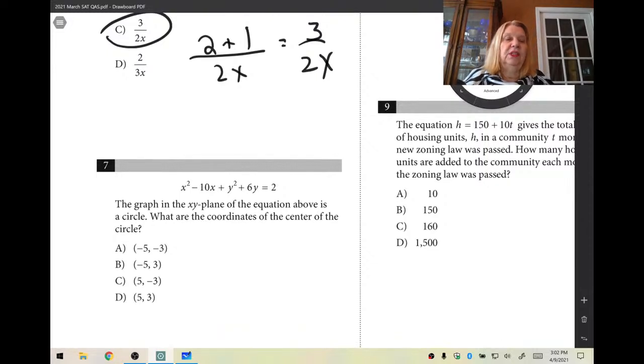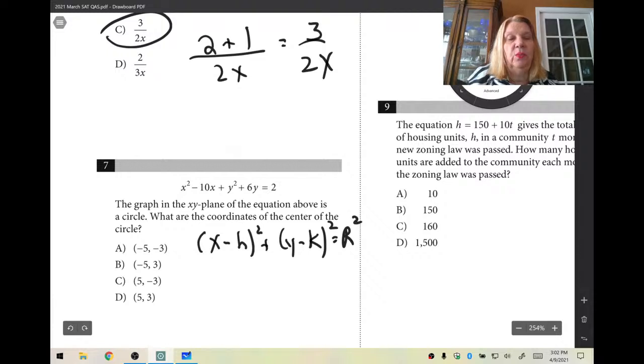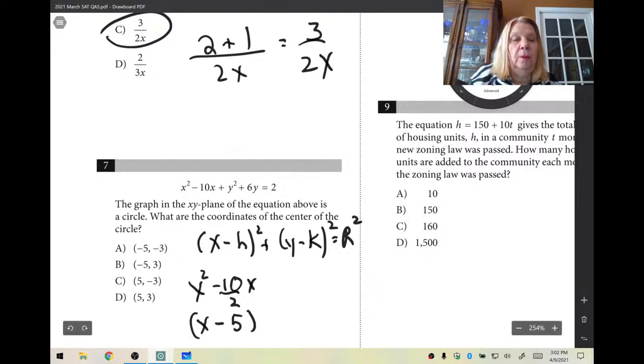So number 7. This is tricky because they do not give you the formula for the circle in the coordinate plane, which is x minus h squared plus y minus k squared. We're going to be doing this in a lesson, but you can see this really ramped things up right away. So we have to complete the square. So here we're going to divide the first part by 2, and so that would be x minus 5 squared.